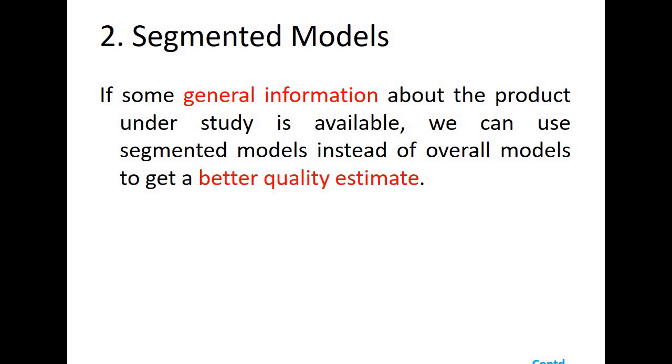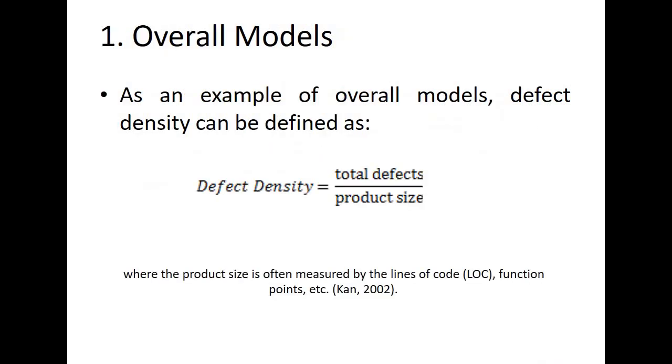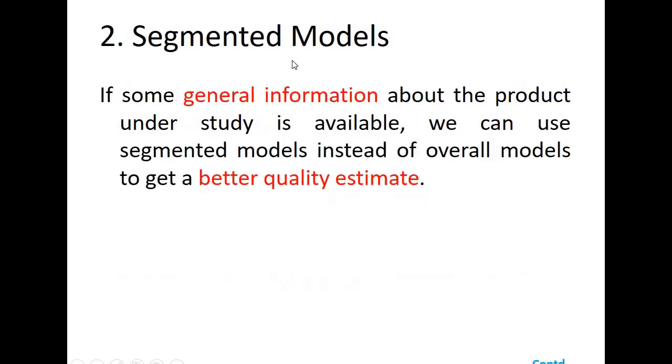We can also have sizing models tailored for different product segments, which can be used with such defect density models in order to estimate the total defects of a given product. So we are getting some amount of improvement compared to your overall model, resulting in this particular segmented model.